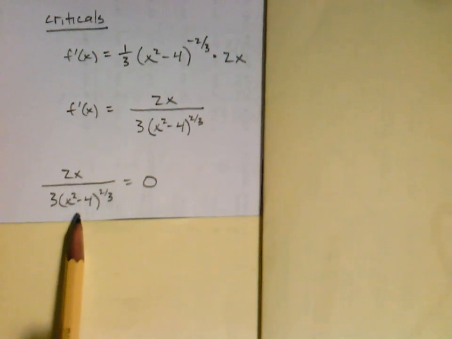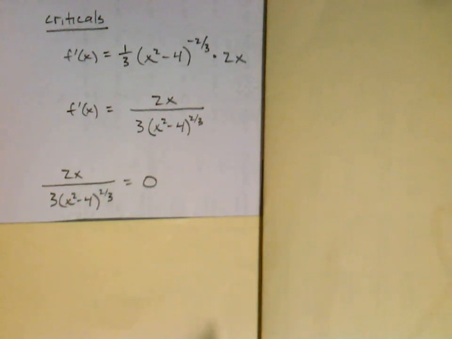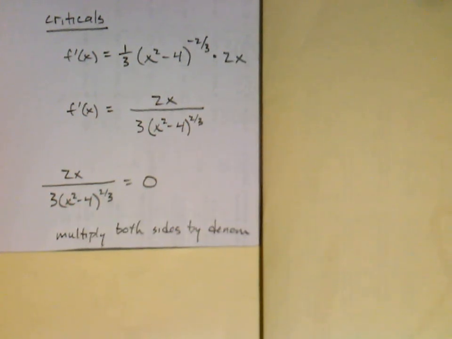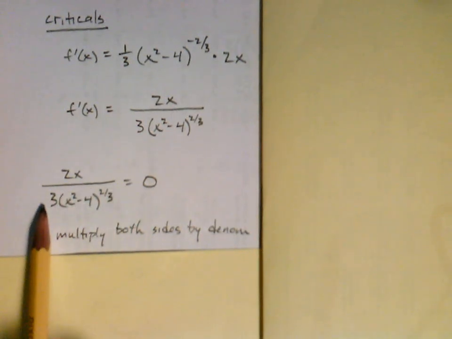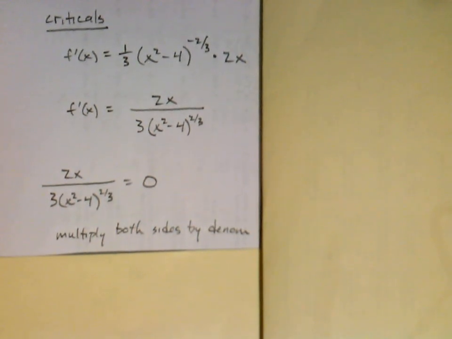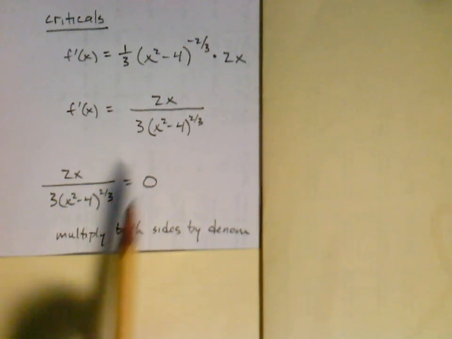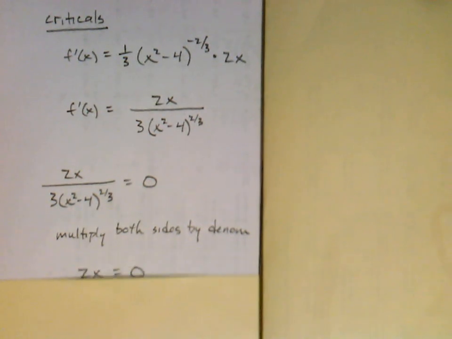That's quite a fraction there on the left, but it turns out in one easy step, this will get a lot simpler. Here's my advice. We're going to multiply both sides by this denominator. That whole thing, just multiply both sides by that. Well, if this multiplies over, hey, guess what? It just multiplied by 0. And we're left with 2x equals 0.